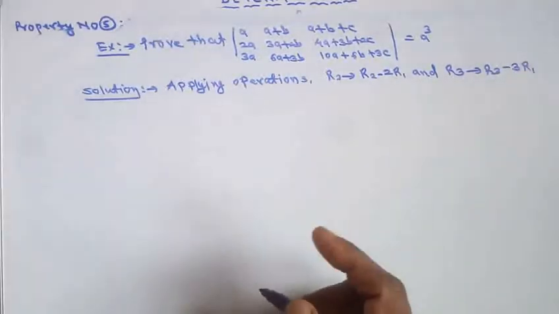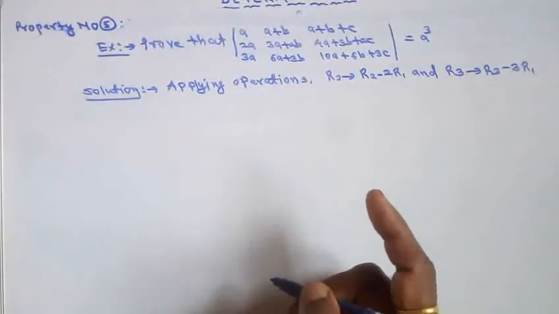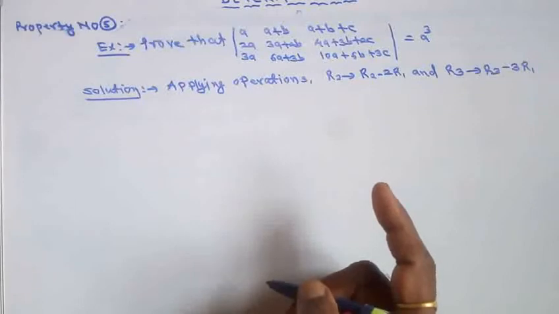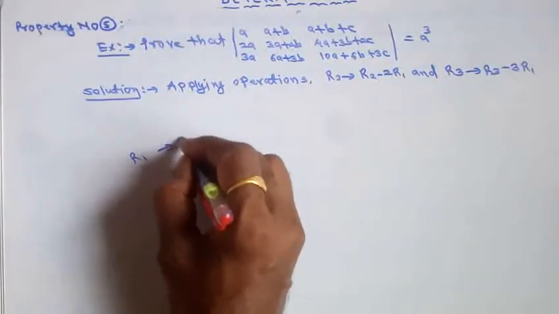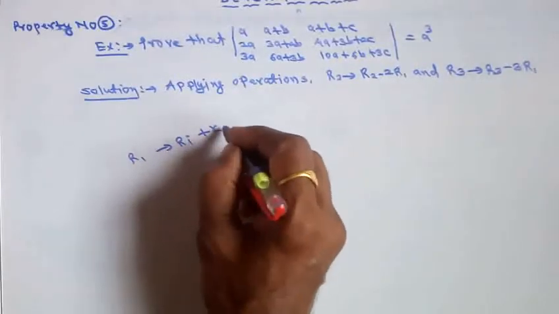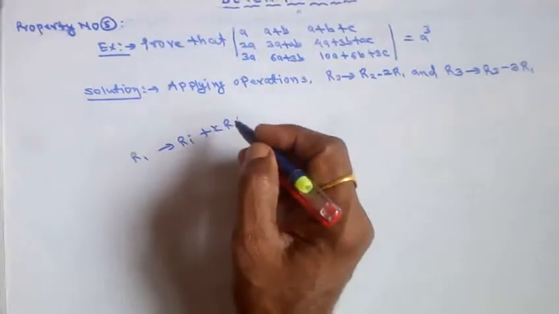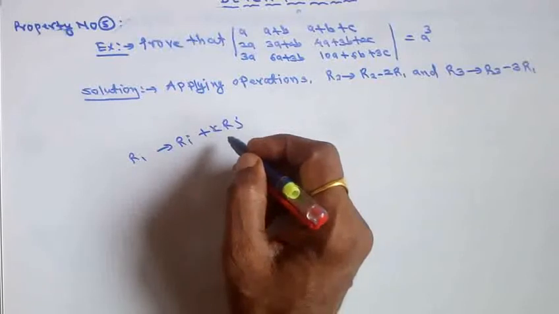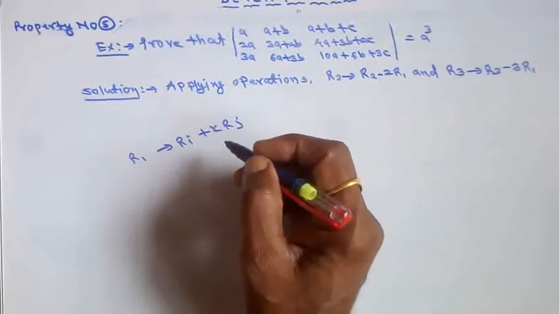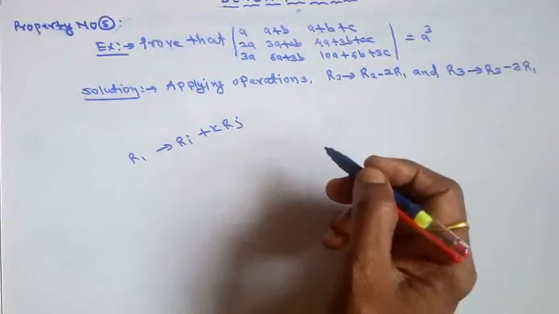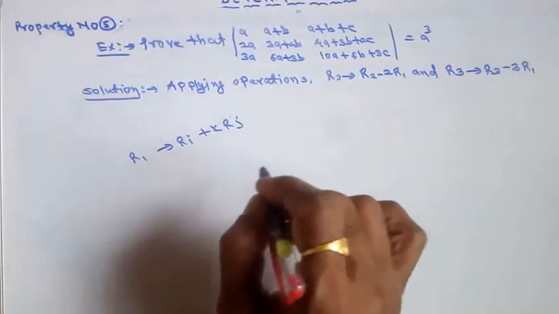While applying this operation, you must remember that if more than one operation like Ri plus k times Rj is done in one step, care should be taken that a row that is affected in one operation should not be used in another operation.